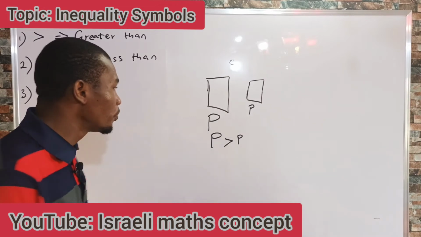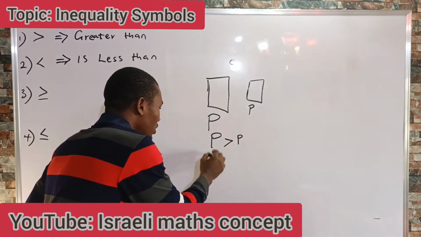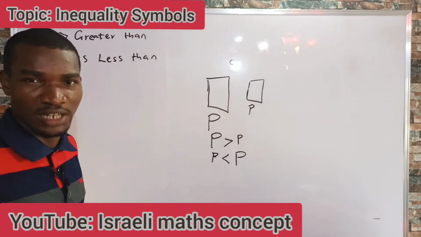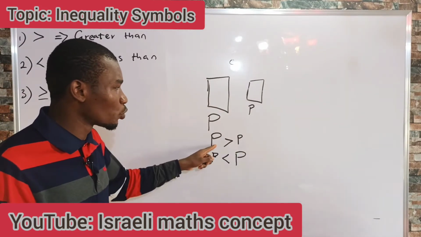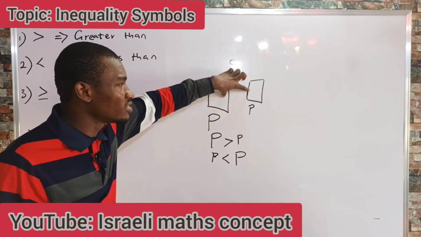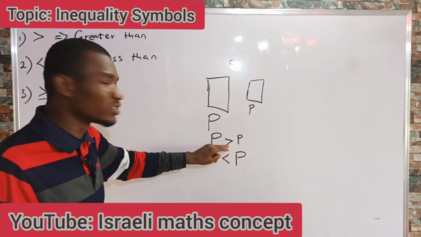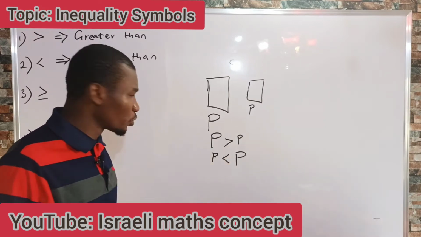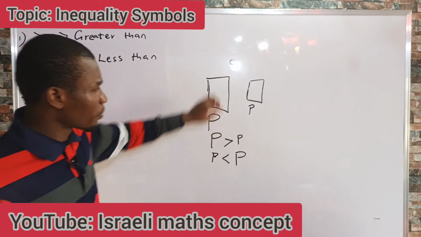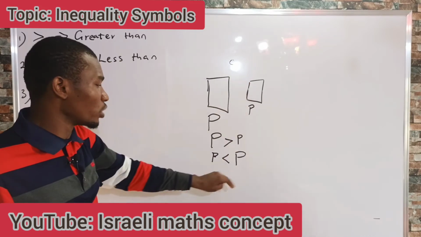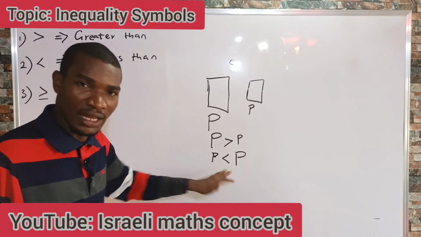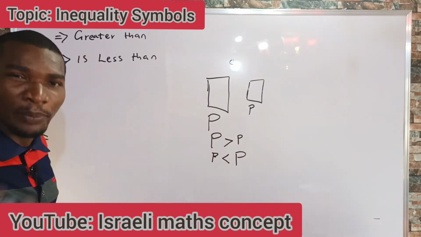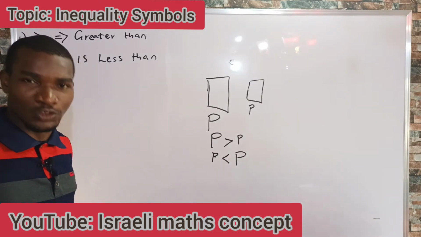But we can also put that the smaller phone is less than the bigger phone based on their functionality. We've succeeded in interpreting these two items using the inequality symbol greater than. In the same vein, we've also succeeded in interpreting these same two items with the inequality symbol less than. So you can see that all these inequality symbols can be applied in real life situations.